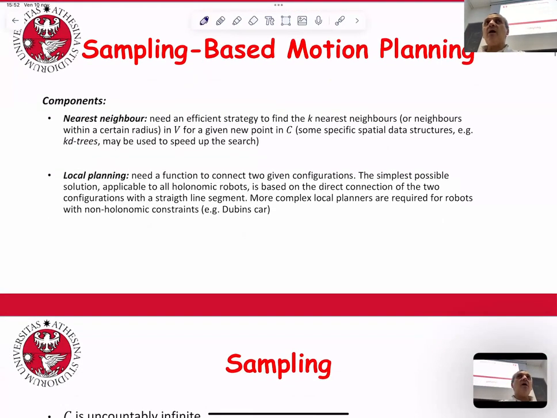Then you have another aspect. Once you extract 2 points, how do you plan a trajectory that joins them? Okay, if you work in a geometric fashion, you simply connect them through a polyline. But if your point is something more complex, you want to consider also the orientation of the vehicle.